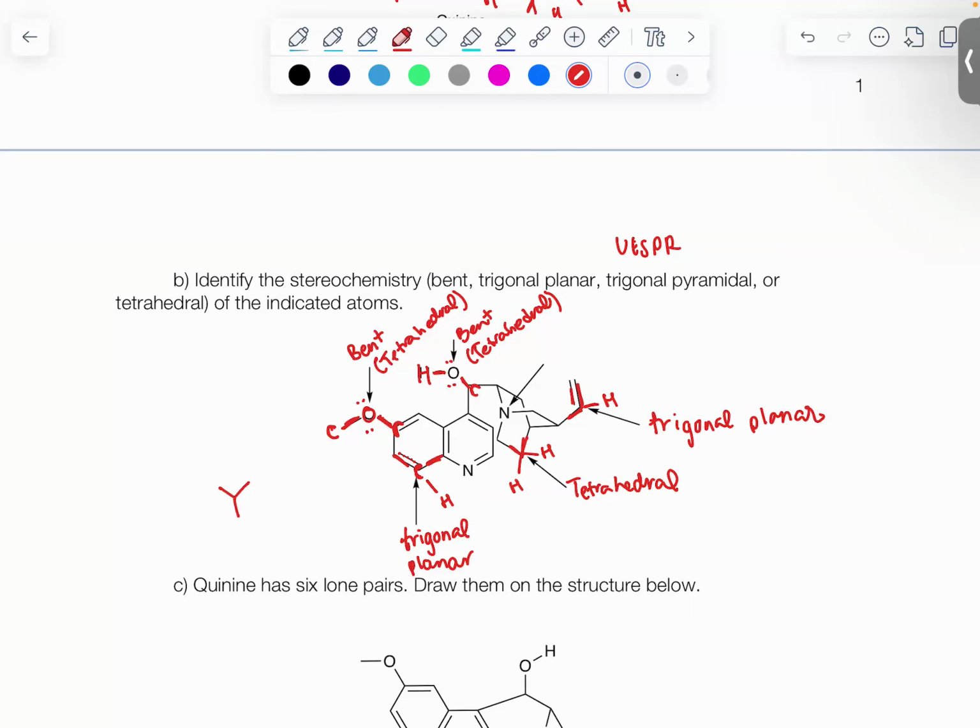Now, I've left this last one because it's a nitrogen. We have our 3 bonds here, and then we have this lone pair. Now, you might say there's 3 substituents here, so it must be trigonal planar, but we can't forget about this lone pair. Lone pairs push our other substituents down, and so they make a pyramid. And this is trigonal pyramidal.